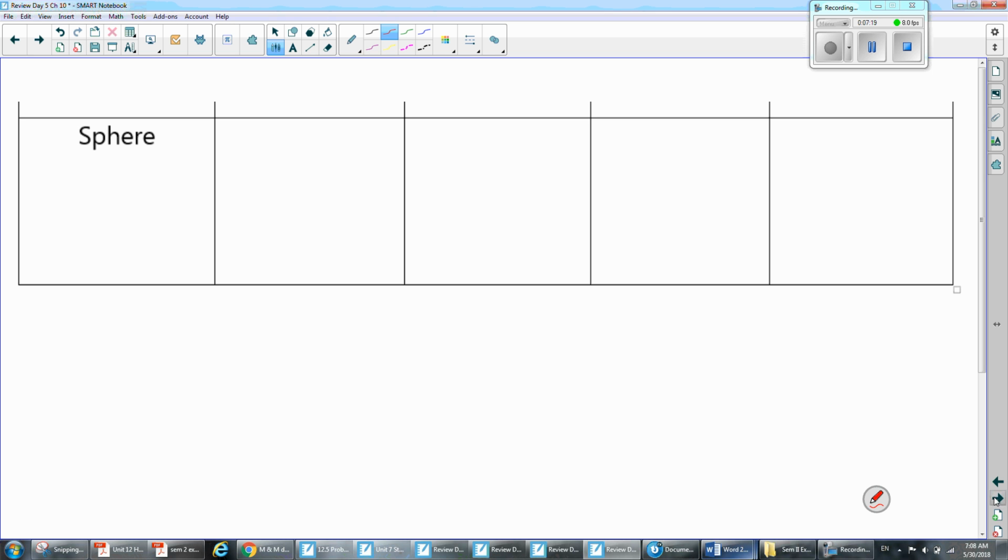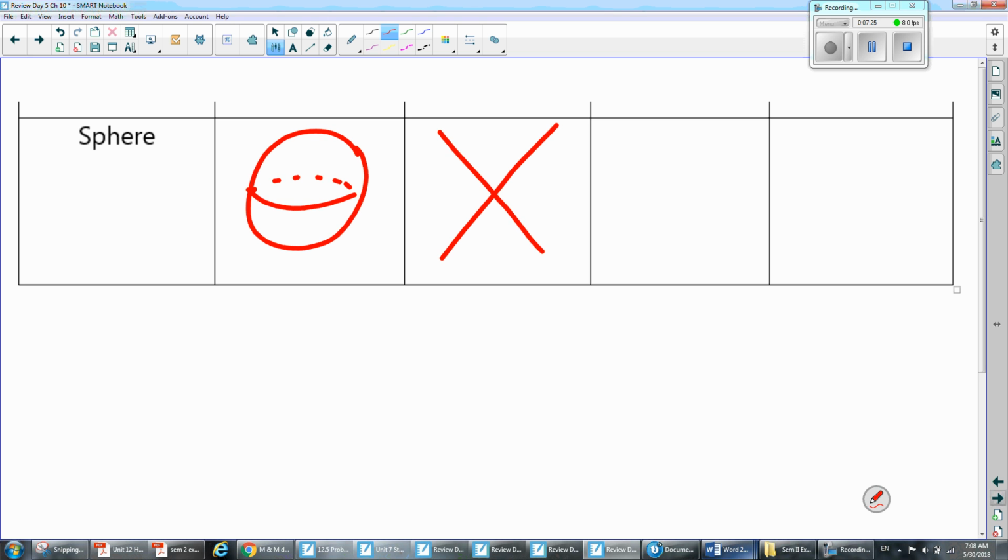When we get to the sphere, there is no lateral area. Since there's no bases, we can just find the surface area, 4 pi r squared. And for the volume, then we're taking 4/3 pi r cubed.